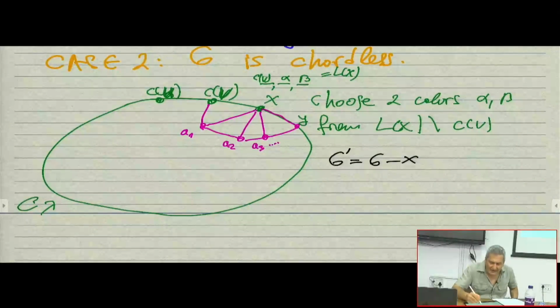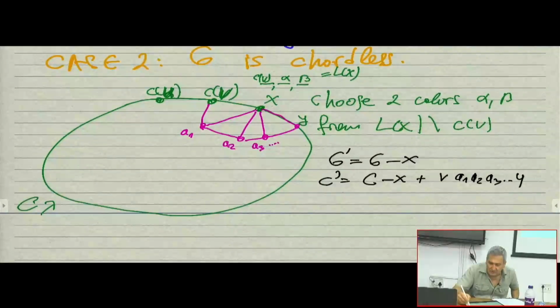So C prime will be like C minus X plus this part V, A1, A2, A3 to this. Okay? This is C prime.